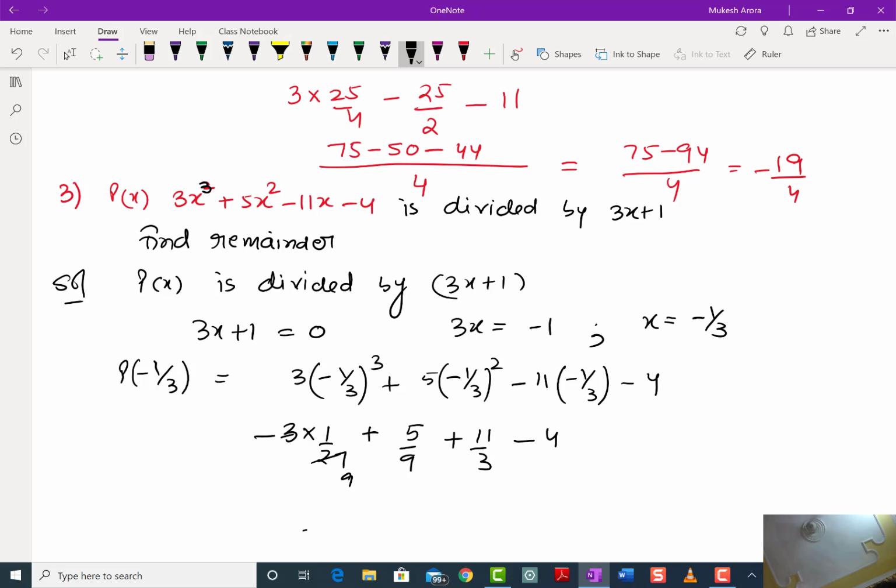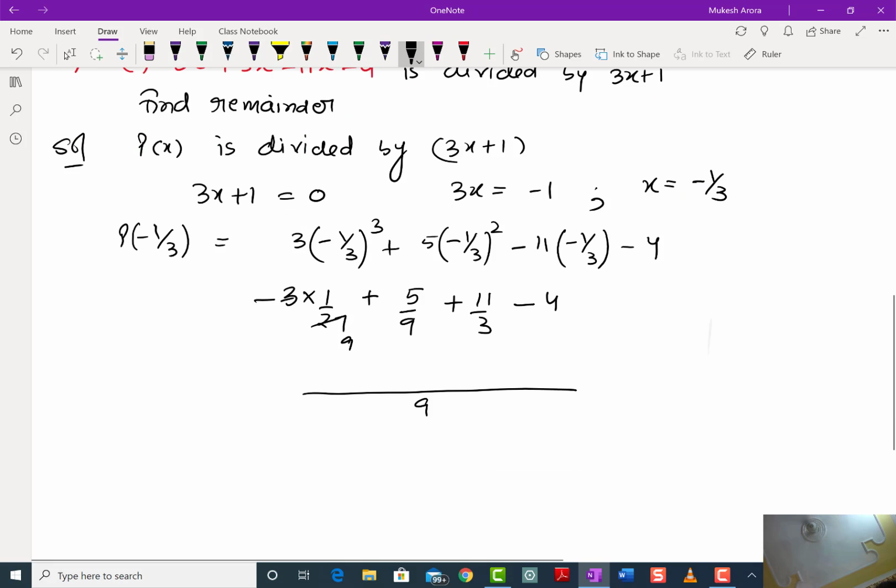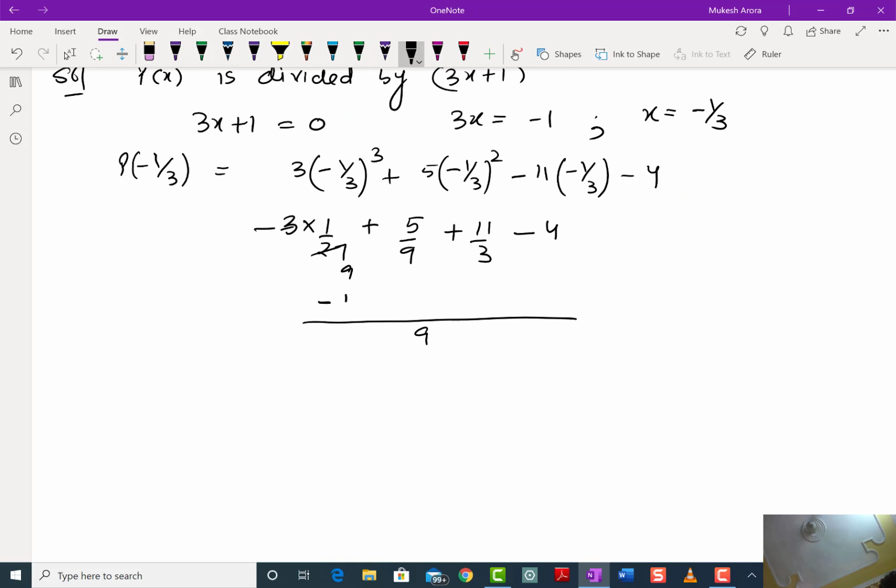LCM will be 9. Minus 1 plus 5 plus 33 minus 36. So the answer will be minus 1 by 9.